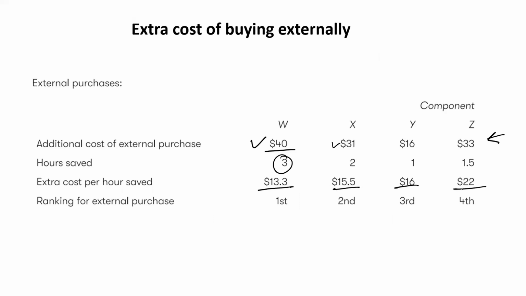So what we're going to do, we're going to minimize the cost. We incur the least external cost if we buy W from the external supplier first, and then X at 15.5. And lastly, it's not wise to buy component Z from abroad, because for every hour of Z we need to pay $22, which is way more expensive than all other components.